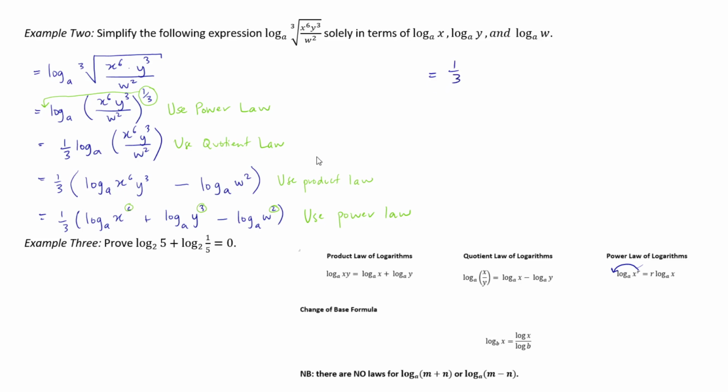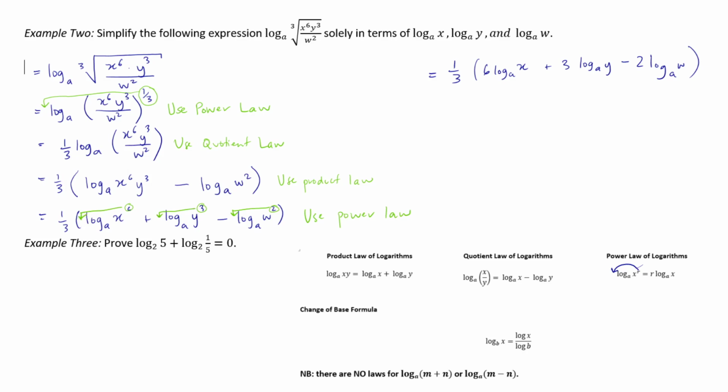So 1 over 3, and again, that exponent is going to come in front of the log: 6 log base a x plus 3 log base a y minus 2 log base a w. Okay, so all those exponents became coefficients right there.